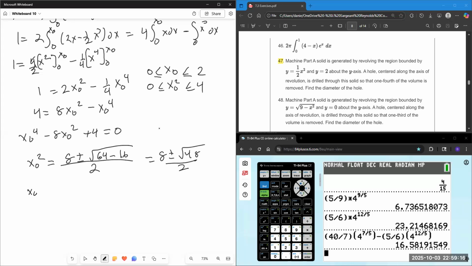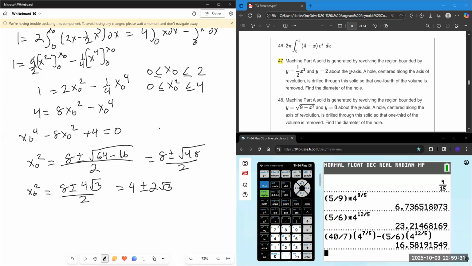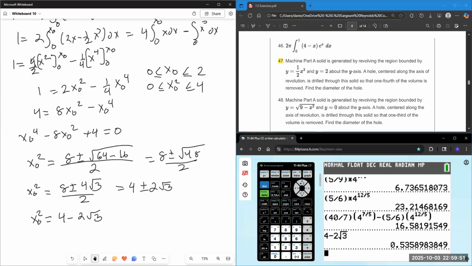X naught squared is equal to 8 plus or minus, this is 16 times 3, so root 16 is 4, root 3 over 2, that's 4 plus or minus 2 root 3. I just said that x naught squared has to be between 0 and 4, so it can't be 4 plus something. X naught squared has to be 4 minus 2 root 3. Let's verify that that is greater than 0, and it is.